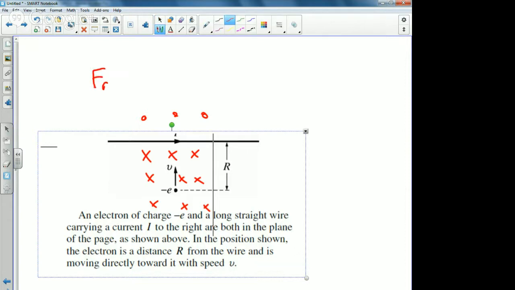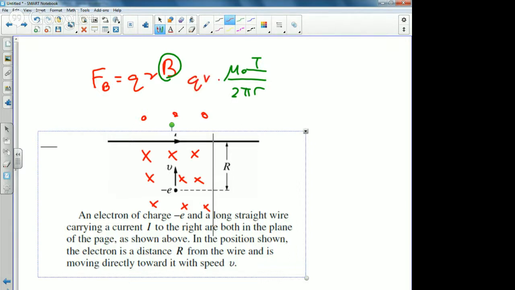Now, in this case, how much force does it feel, though? F is equal to QvB. But if you take a look at the question, that's none of our choices. But we also know that B is equal to mu naught I over 2 pi r, times the Qv.